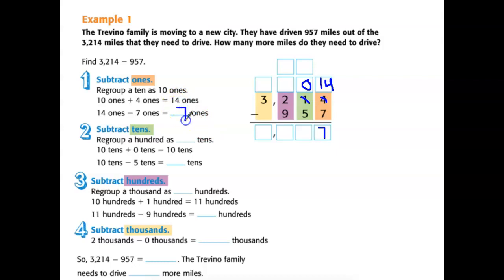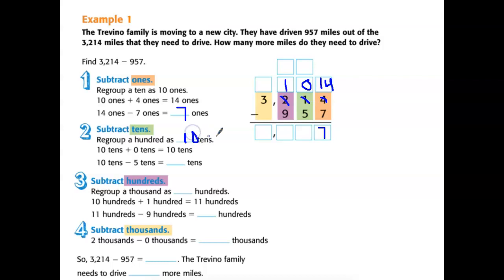That was super easy. Now our ones place column is done, so now we need to go to our tens. Well, I now have 0 minus 5. I can't do it. So what I need to do is go to my hundreds place value, take one of them, and regroup the 100 as 10 tens.